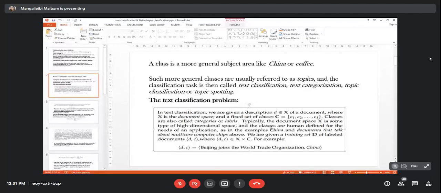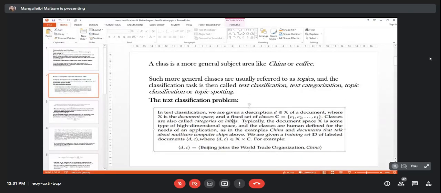The class names are human defined for the niche of their application, as in the examples, China and documents that talk about multi-core computer chips. So this is some explanation about what a class is and what a class name is, and then the set of documents that belong to a particular class.